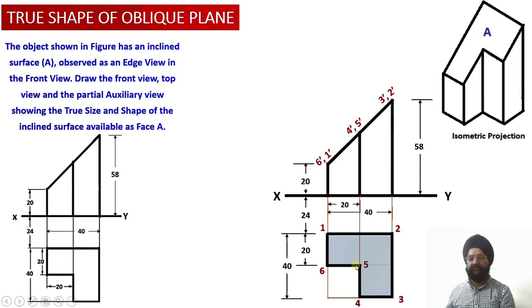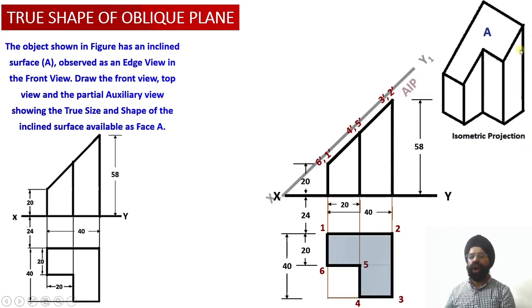Then corresponding to points 4 and 5, we get the front view projections as 4 dash and 5 dash. And finally, corresponding to these 2 points 3 and 2, we have obtained the front view projections as 3 dash and 2 dash. So the front view edge view of the section surface has been obtained, and the top view corresponding to the section surface has also been obtained.